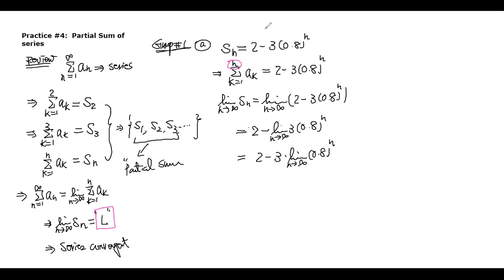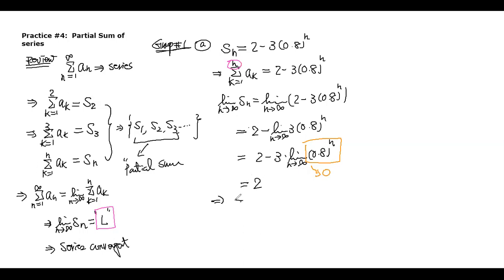As you can see, when you make the exponent bigger and bigger, what is the whole thing going to become? It will become 0, right? Because it's 0.a times the square, cube, fourth power, it will become smaller and smaller. So the answer is 2.